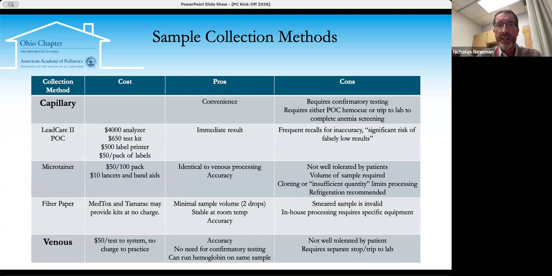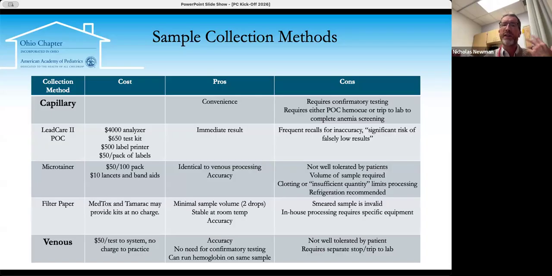What's nice is that you don't need a huge volume. It's similar to what you need for any kind of blood spot. And it's quite stable. I know our hospital has a courier that goes out once a week to practices and picks the stuff up. There can be some technical issues.